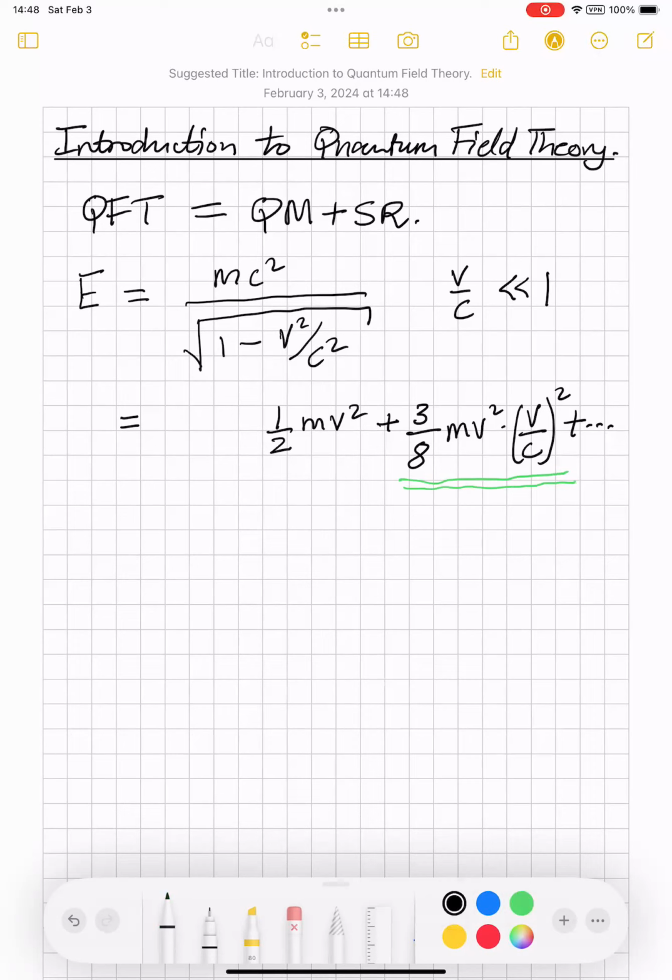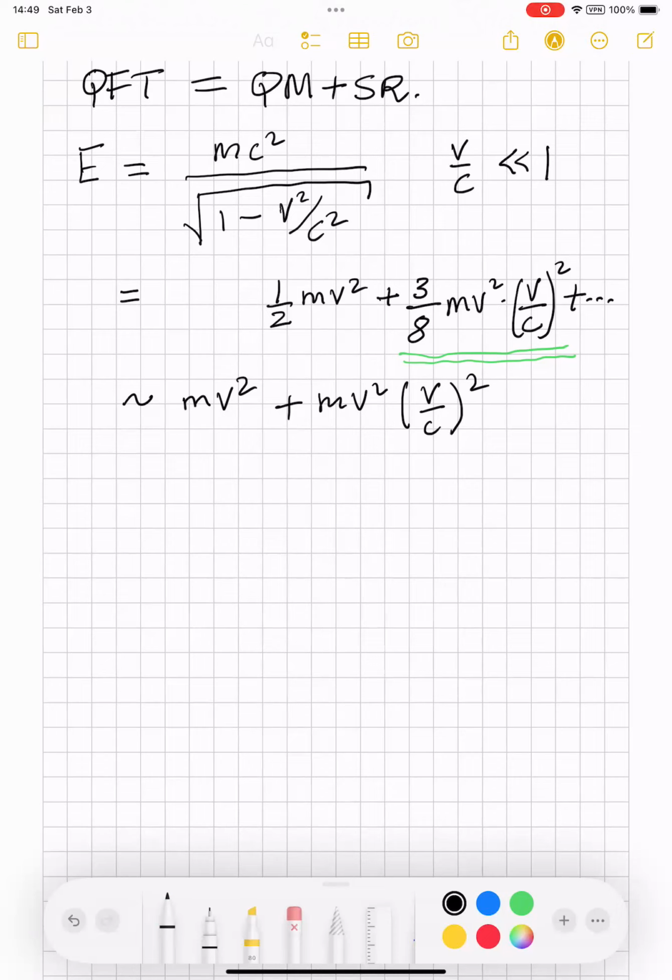So I can summarize this by saying that this looks like a term of size mv squared plus a term of size mv squared times v over c squared. So what sets the size of the relativistic corrections? Well, they come with the size v squared over c squared.